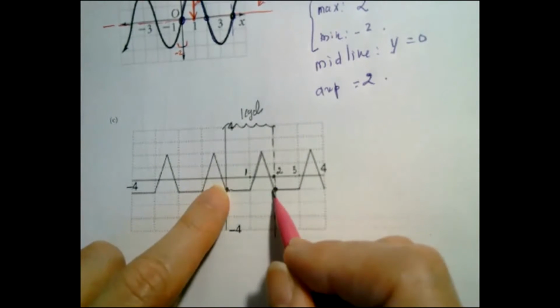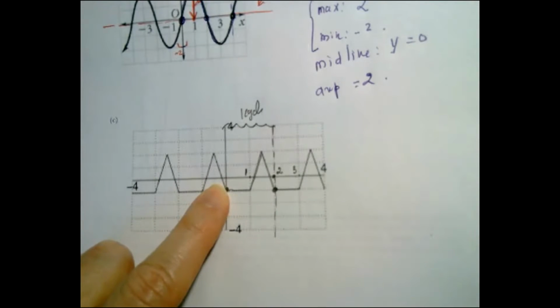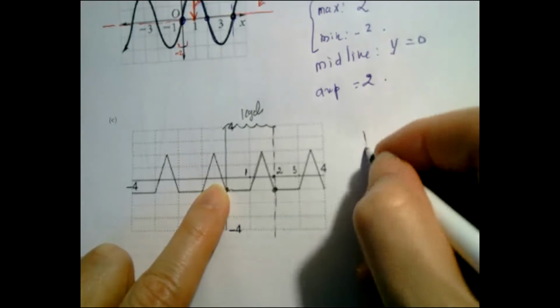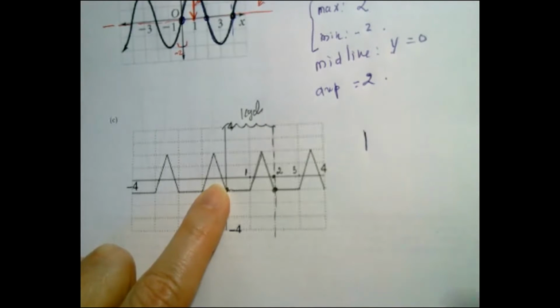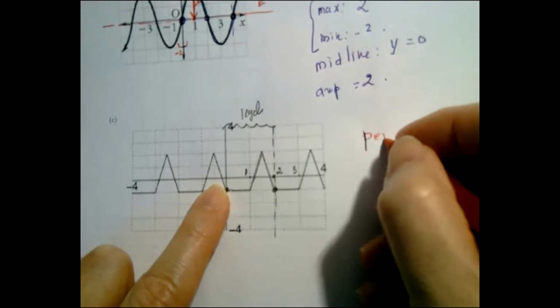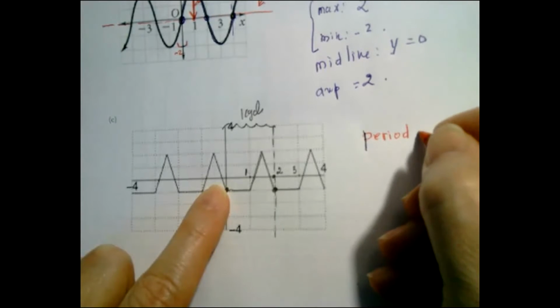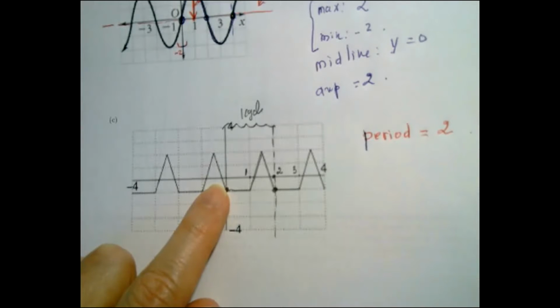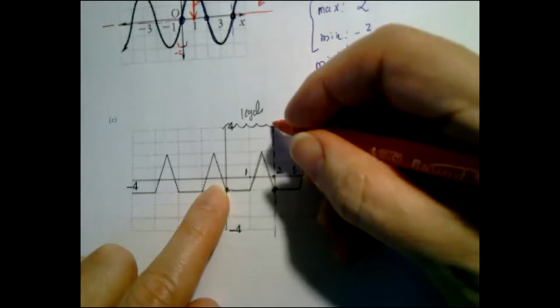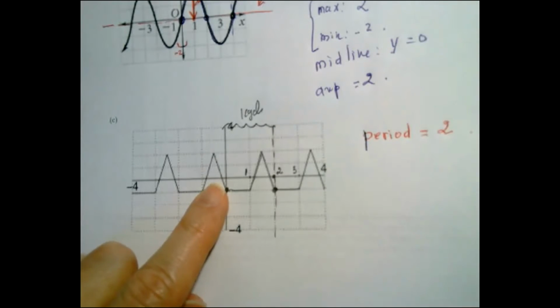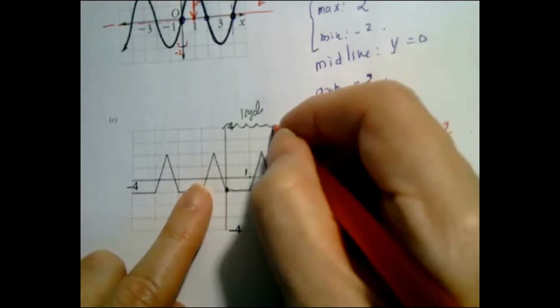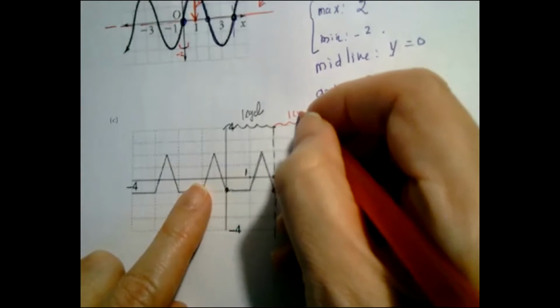So the period is how long it takes to finish a cycle. The period is actually equal to 2. That's my 2 here, and that's the period. And from here, back, that's another one, 2 units for it.